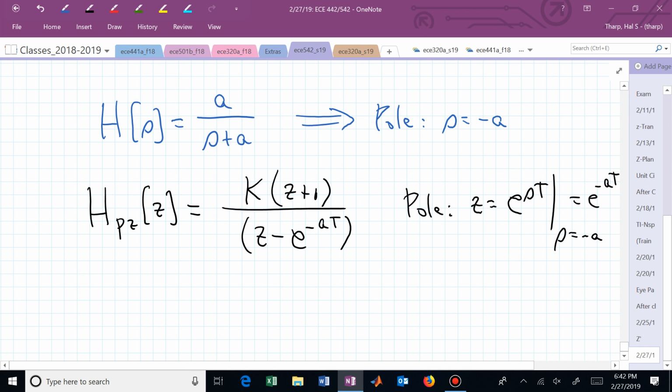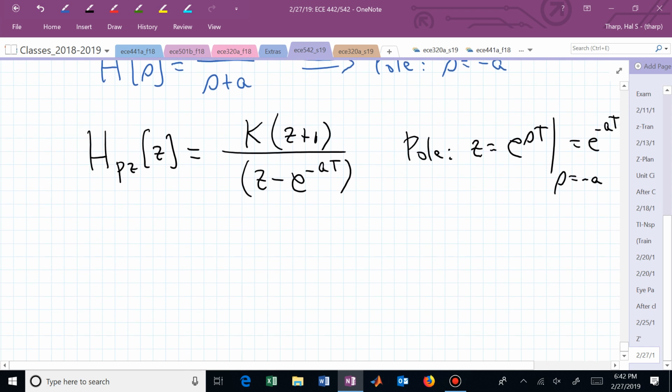Or what's the low-frequency behavior of H of S? What's its DC gain? It has a DC gain of 1. Can we make H sub PZ have a DC gain of 1? Yes, that's how we'll pick K. So let's say now we have a DC gain equaling 1 as our goal.